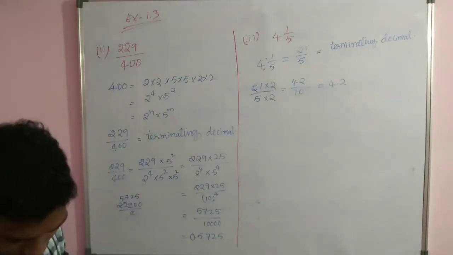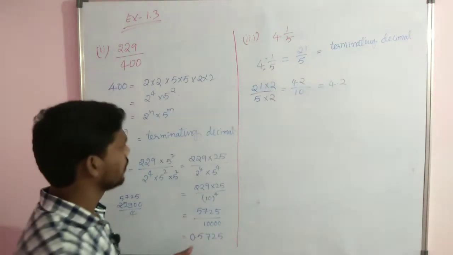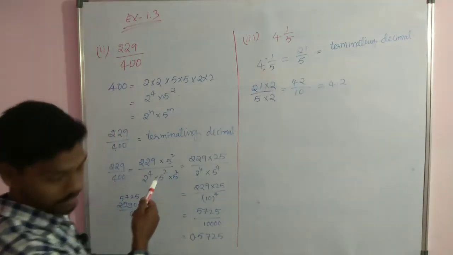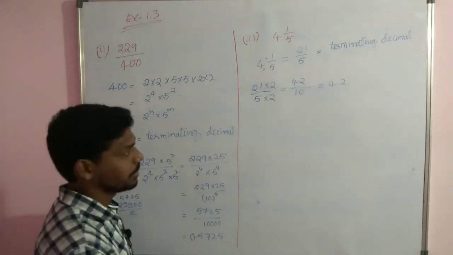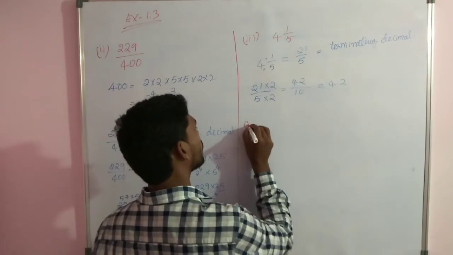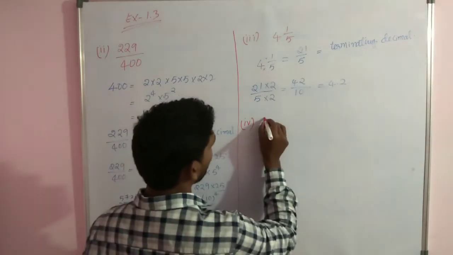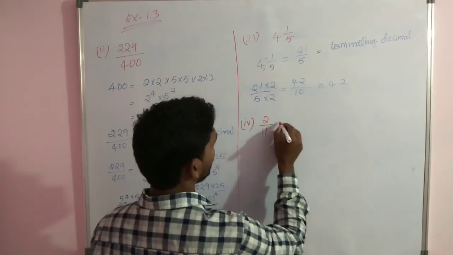Next problem we'll take here. Next one, fourth one, 2 by 11, that is non-terminating. Previously I have explained this.